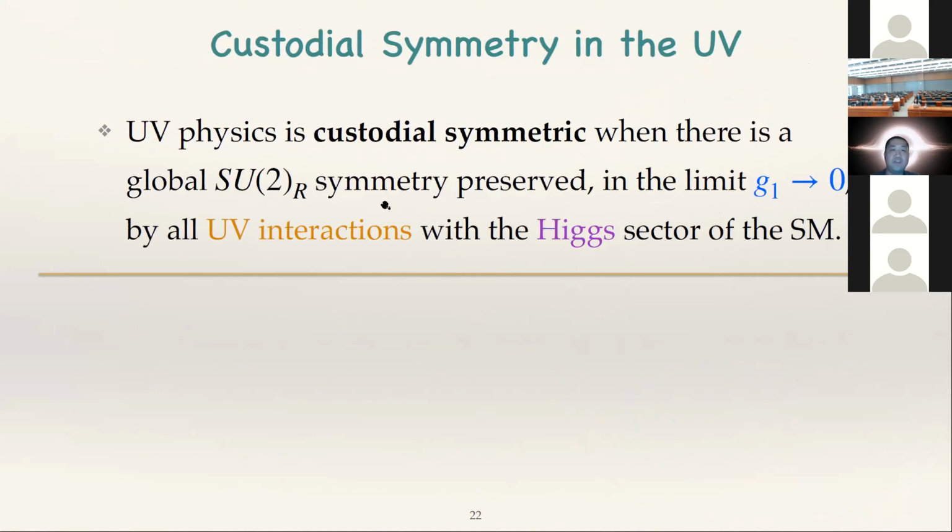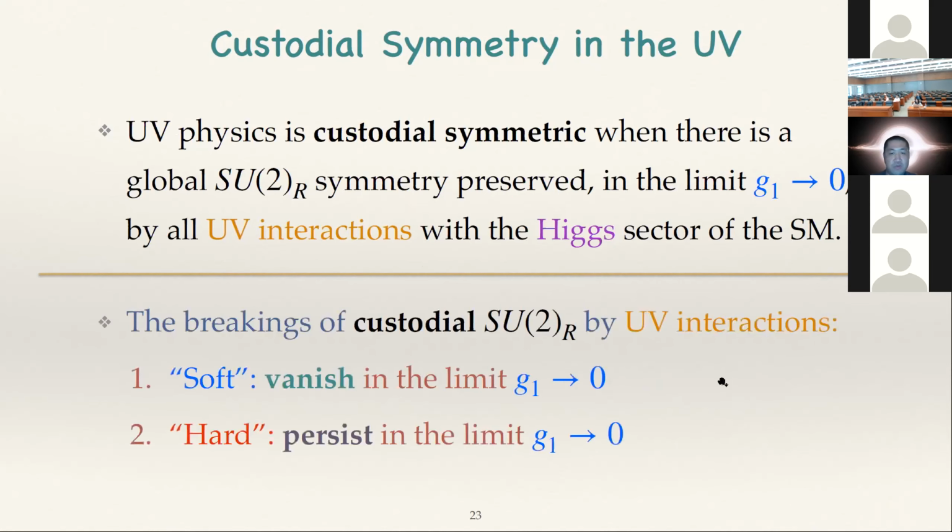We define UV physics as custodially symmetric when there is a global SU(2)_R symmetry preserved in the limit g1 goes to 0, where g1 is g prime, the hypercharge coupling, for all UV interactions with the Higgs sector of the Standard Model. There are several merits in this definition. Clearly, we pondered it a while and came up with this definition for a reason.